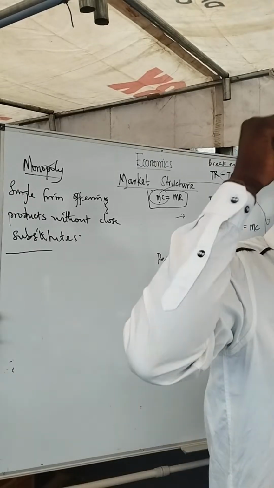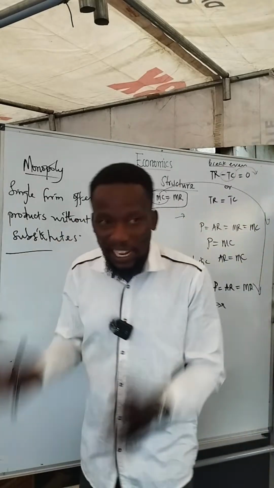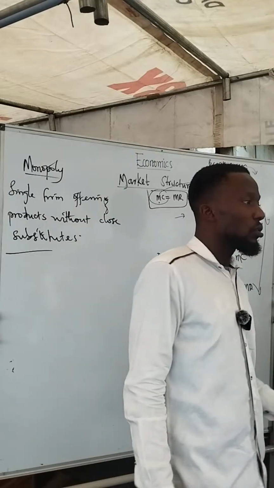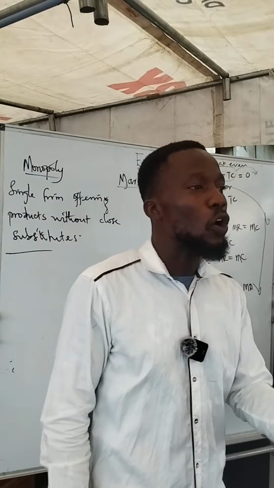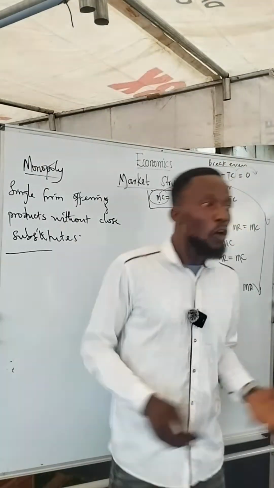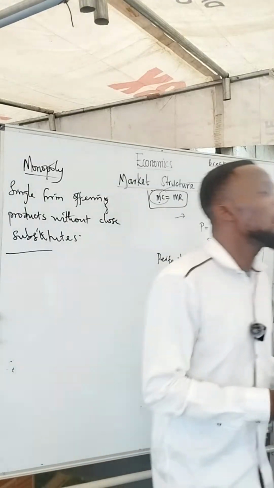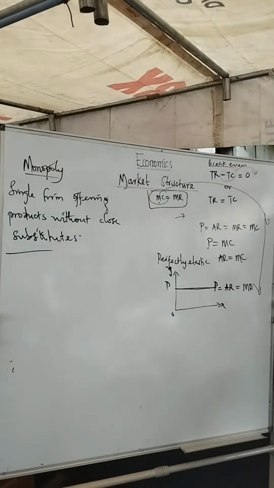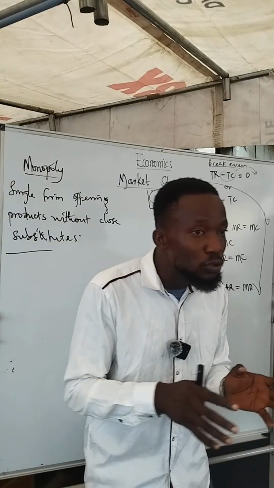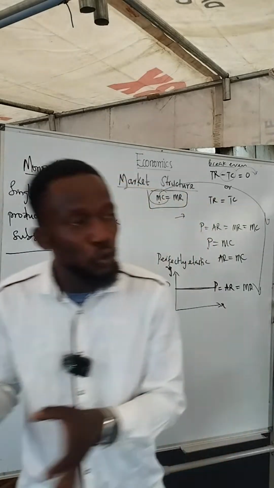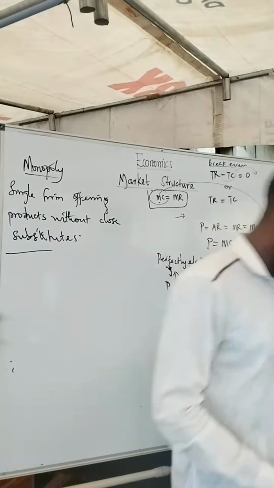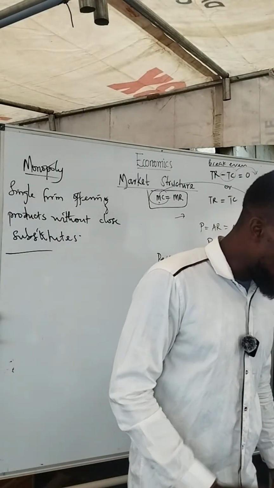It can only control either price or output. If it's controlling price, it cannot control the number of people who will buy. If it's controlling the output, it cannot control the price. Am I making any sense?